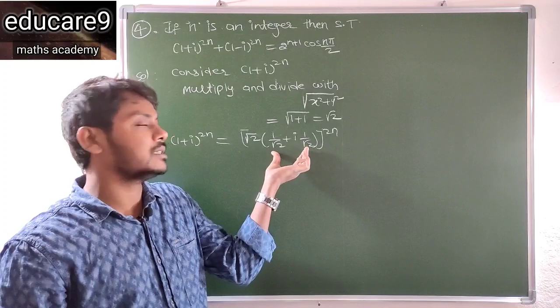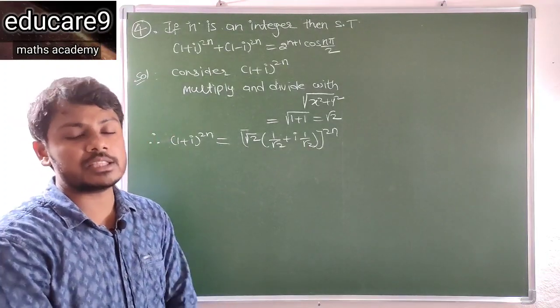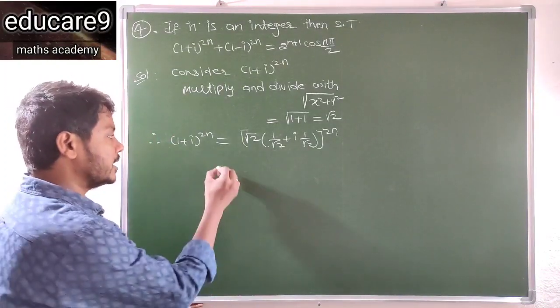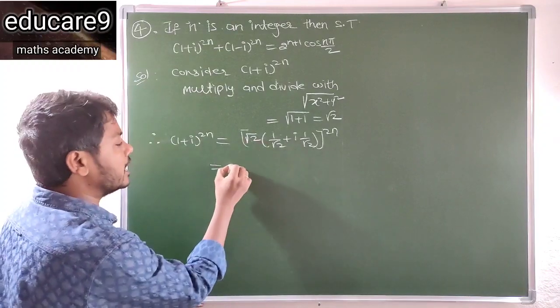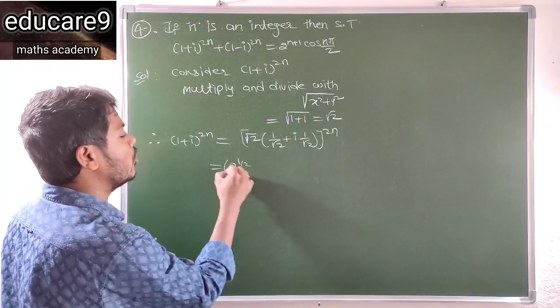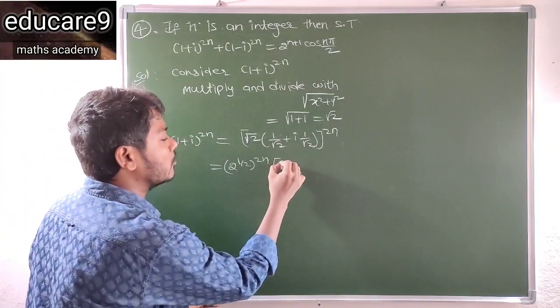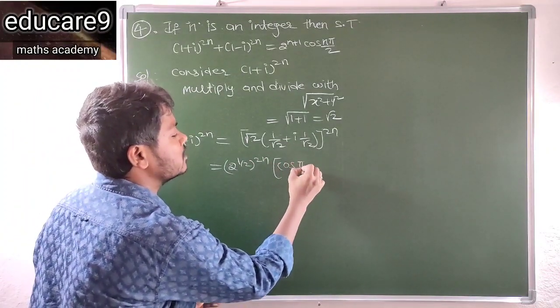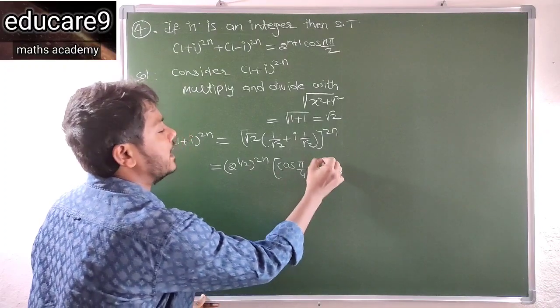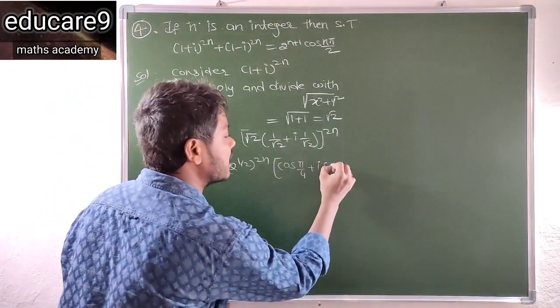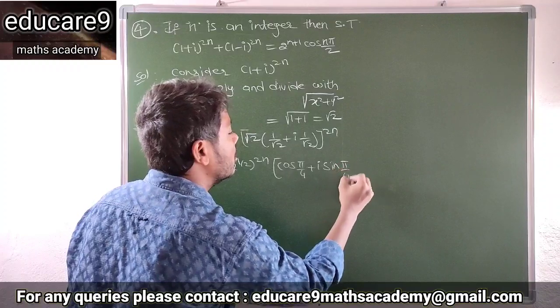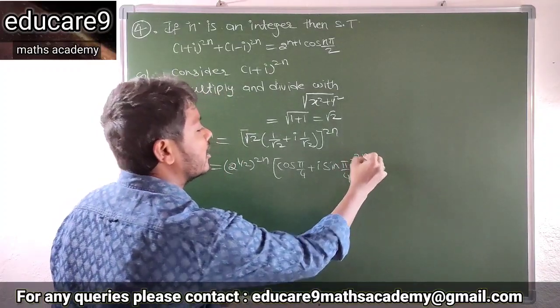So write this in cos theta plus i sin theta form. So root 2 is written as 2 to the power of 1 by 2, whole to the power of 2n, into 1 by root 2 written as cos pi by 4 plus i into 1 by root 2, that is sin pi by 4, whole to the power of 2n.